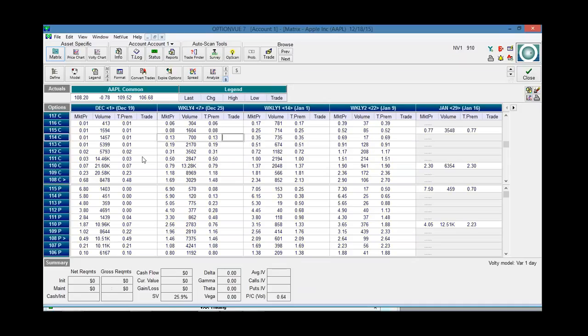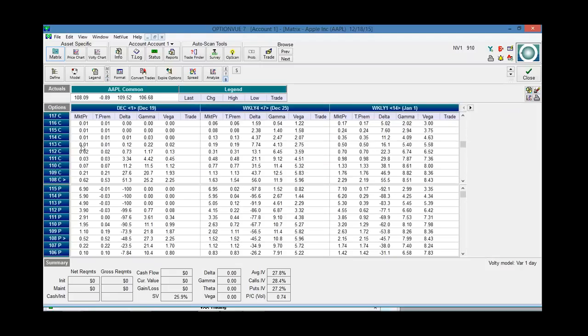So with this at 108, the trigger's 107, okay? All these option prices that we're looking at here are based on Apple at 108.20. But that's not Ryan's trigger. Ryan's trigger is 107 and change, right? Yep. So I need to take a point off of Apple, and that'll help me forecast and have more certainty as to what these prices will be, and deltas, et cetera.